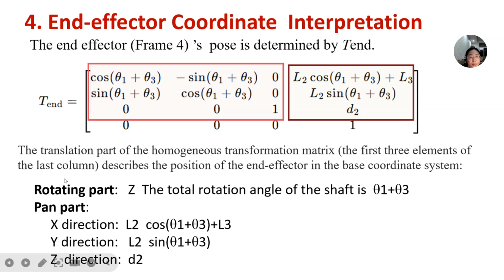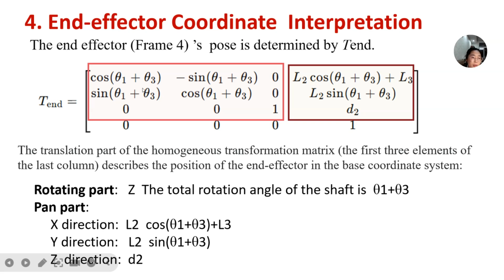the attitude analysis is like this. The rotation part of the homogeneous transformation matrix, the 3 by 3 submatrix in the upper left corner, describes the attitude of the end effector in the base coordinate system.